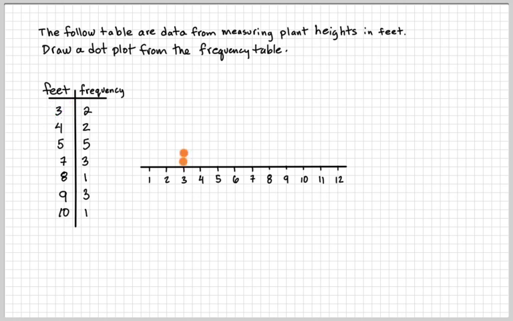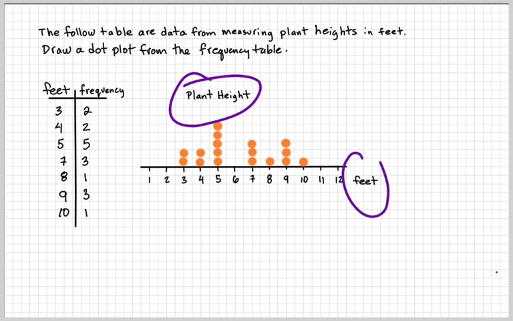And then we put dots based on our frequency table. There are 2 dots for 3 feet, 2 dots for 4, 5 dots for 5 feet, 3 dots for 7, 1 dot for 8, 3 dots for 9, and 1 dot for 10. Then we put the title and some type of label for our axes.